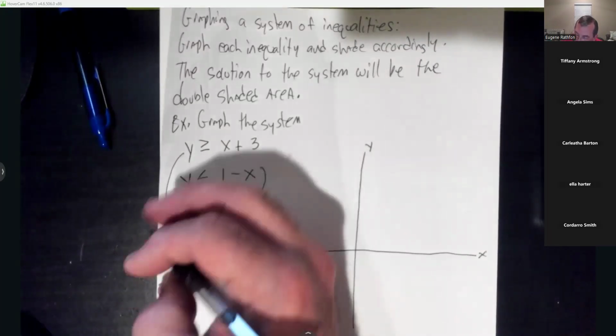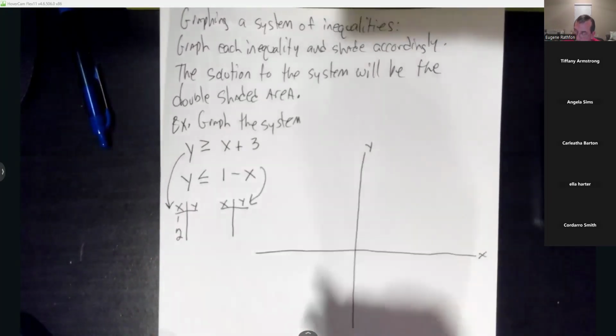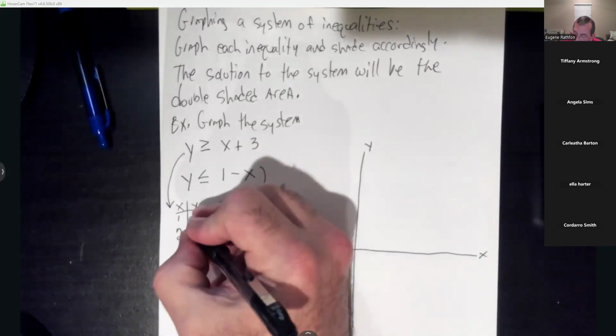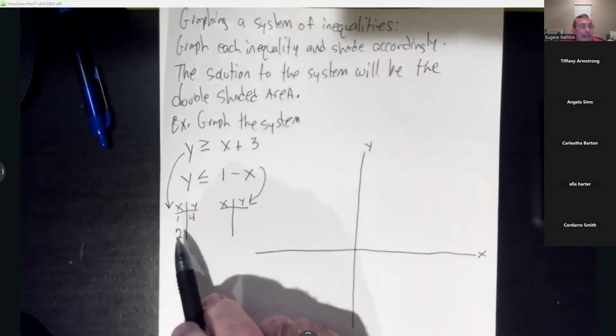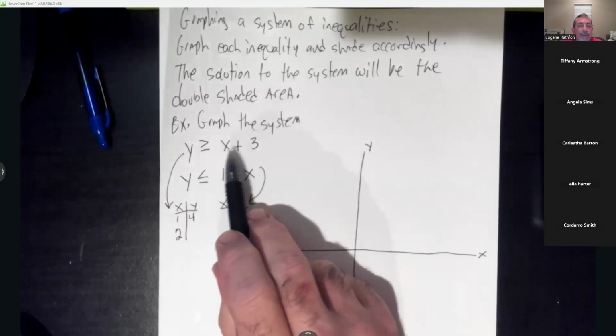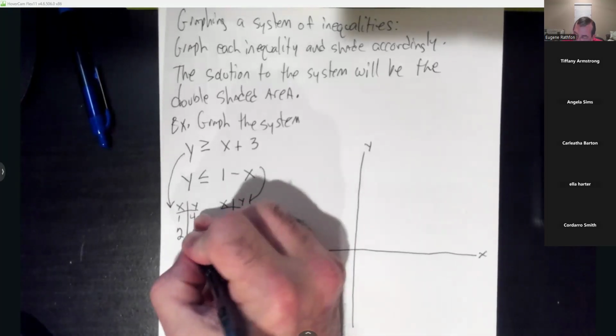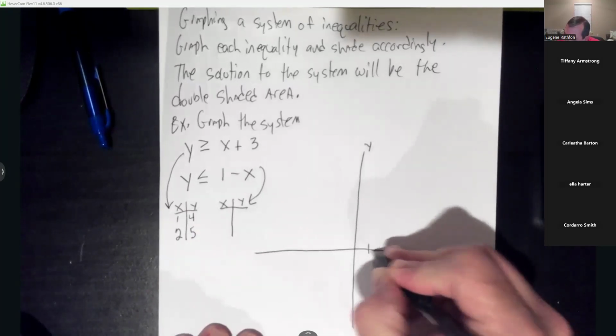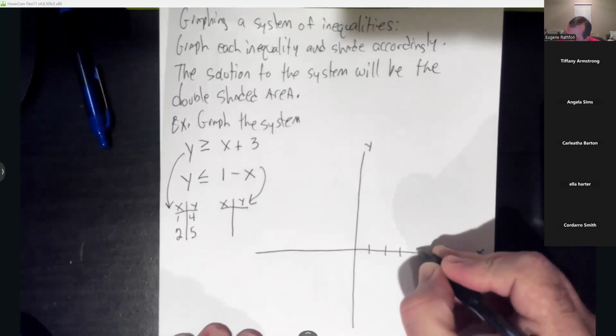So 1 and 2, okay, I can do that. Let's put a 1 in. 1 plus 3 will give me a 4. And then we'll put a 2 in. 2 plus 3 will give me a 5. So we're going to graph this one real quick. Let me go out about 5.